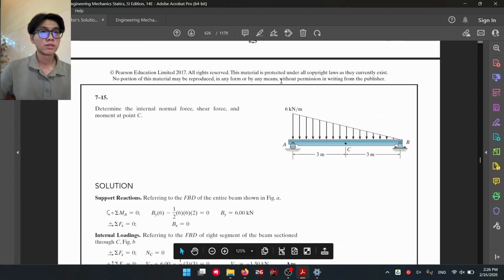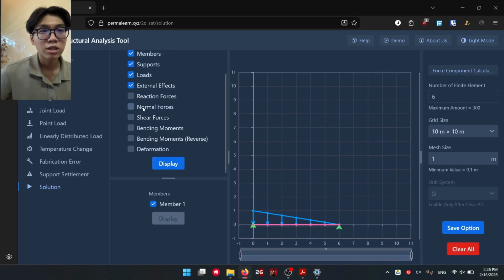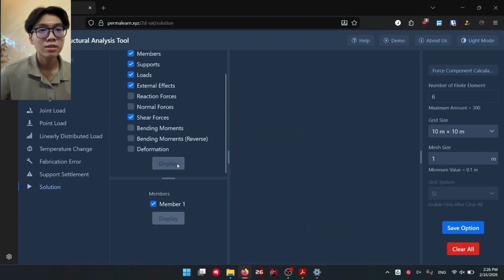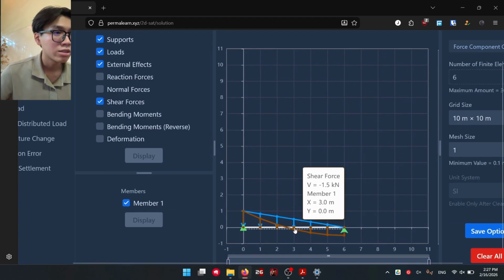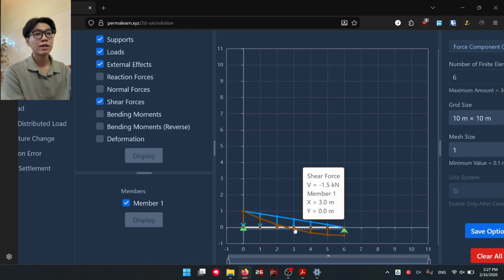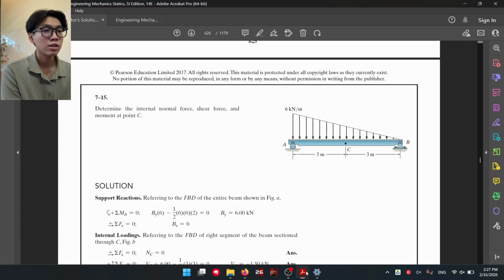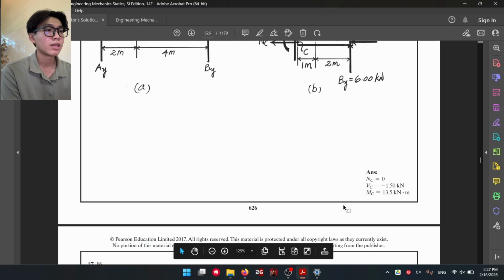Next, we're gonna find the shear force. Just change it to shear force. It's very simple. At point C, as you can see here, the shear force is minus 1.5 kilonewton, and it matches the solutions.